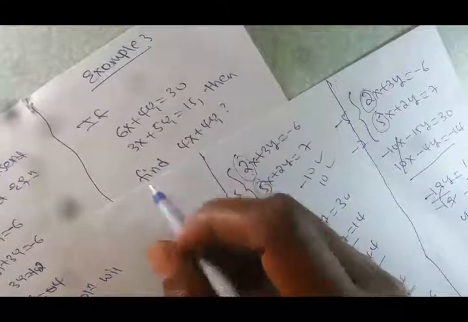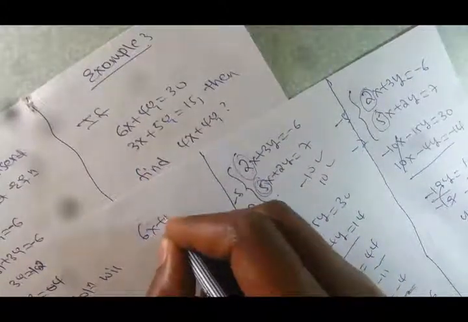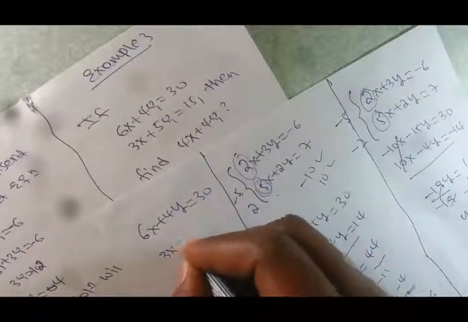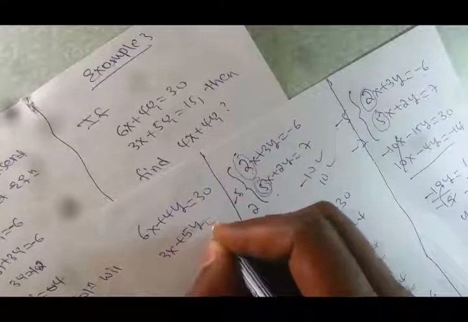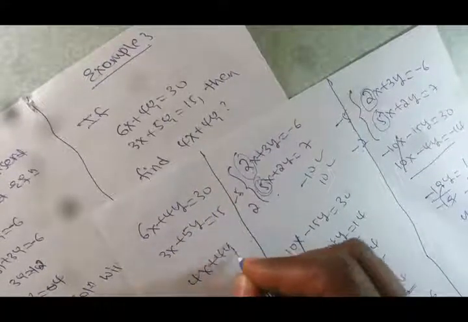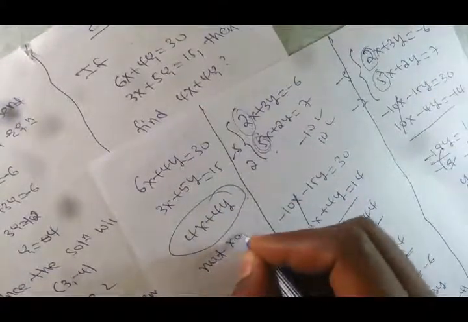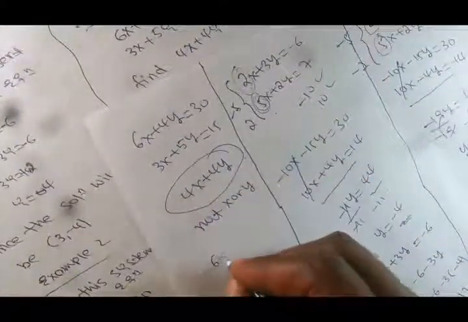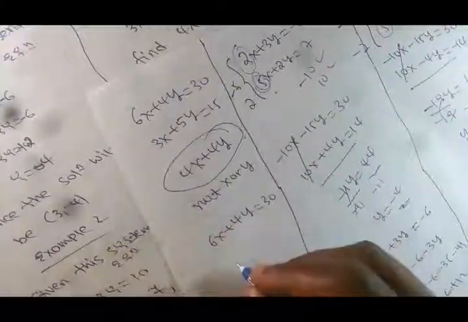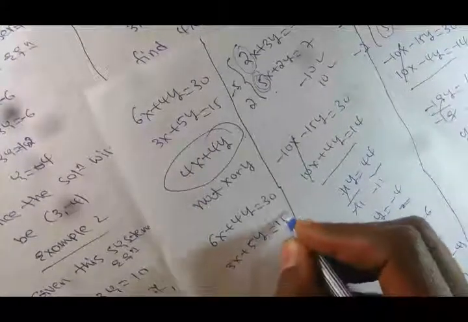Example 3 states that if we are given a system of equations 6x plus 4 times y is equals to 13 and 3x plus 5 times y is equals to 15, and we are asked to find 4x plus 4y sum, not x or y. Therefore 6x plus 4 times y is equals to 13 and 3x plus 5 times y is equals to 15.